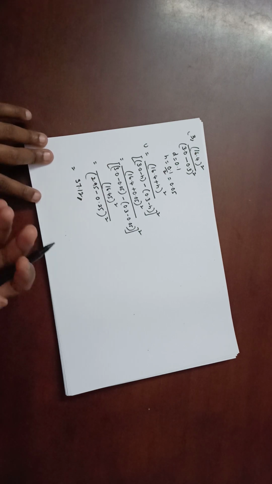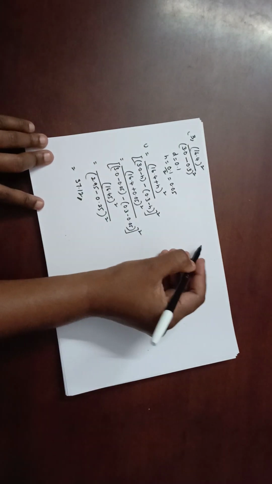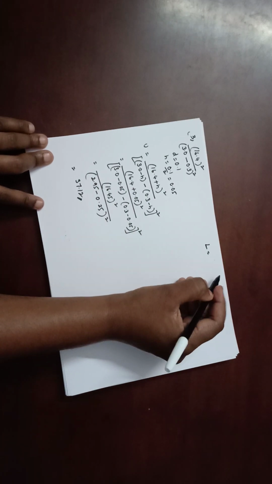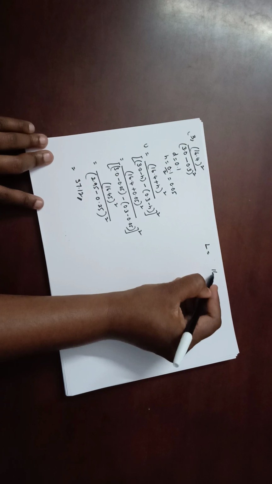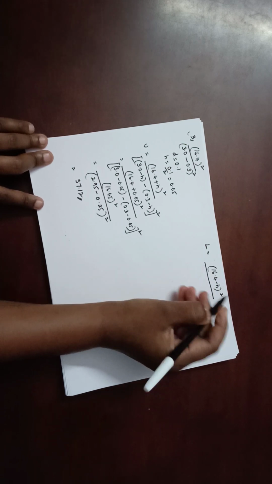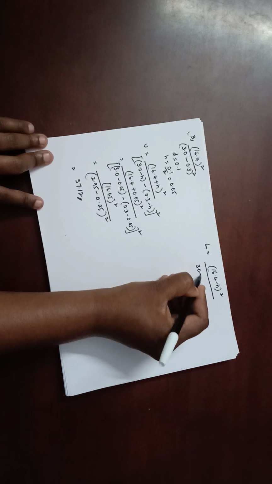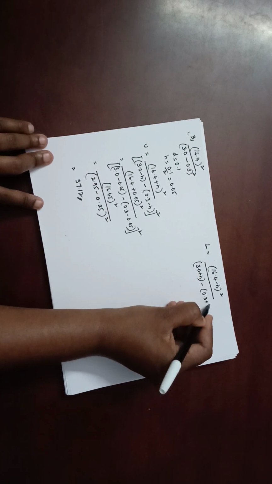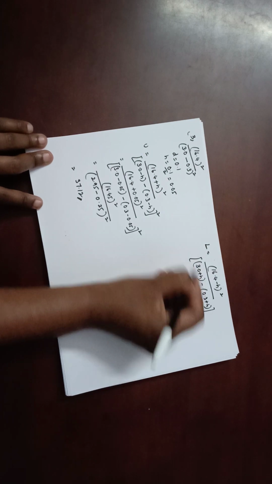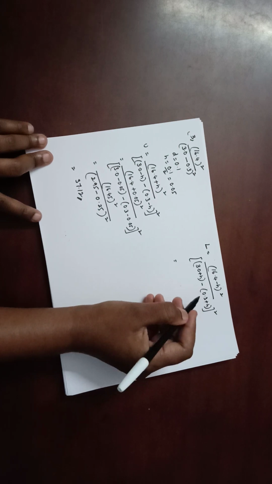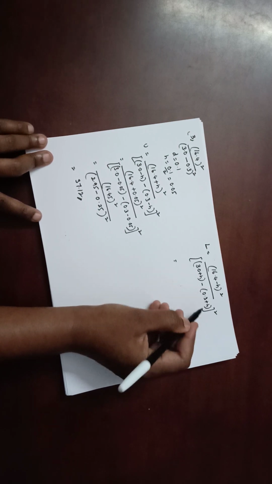So what is your lower bound? Lower bound is (16.4 - h) whole squared divided by (3.0 + h) minus (0.3 + h) whole squared. This is the way of writing. Substitution is like this, take the brackets properly.